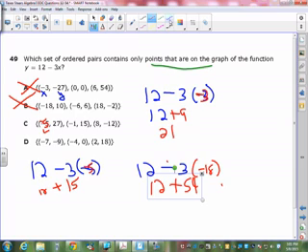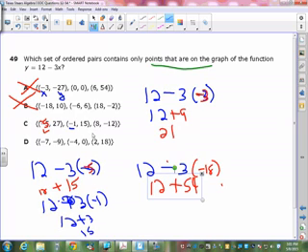Let me try the next one. 12 minus 3 times -1. I'm supposed to get 15. And let's see, if you multiply -3 times -1, that'd be 12 plus 3. That does give you 15. That one worked. Last one.